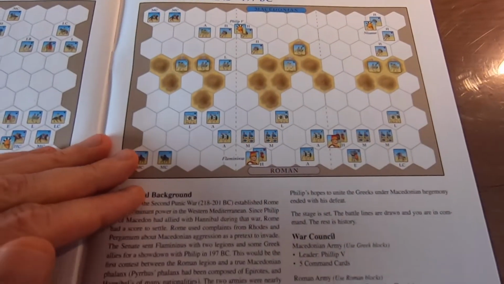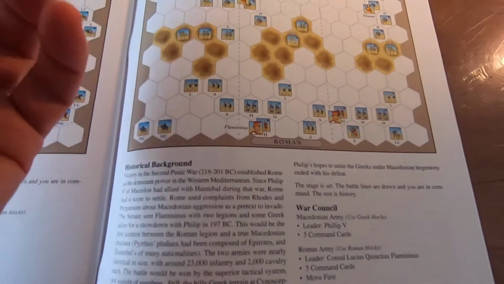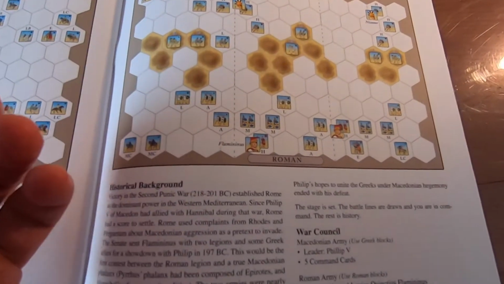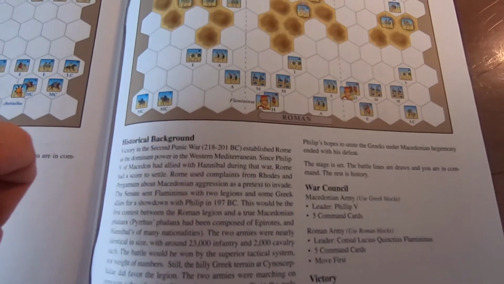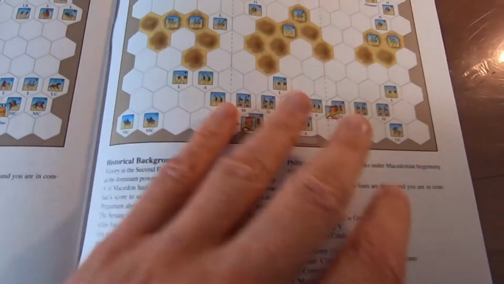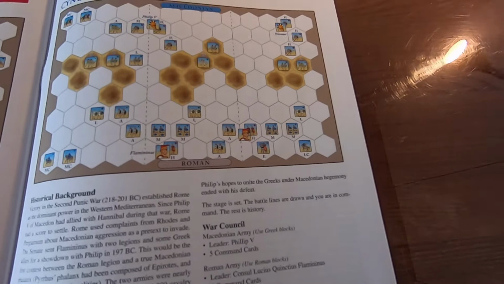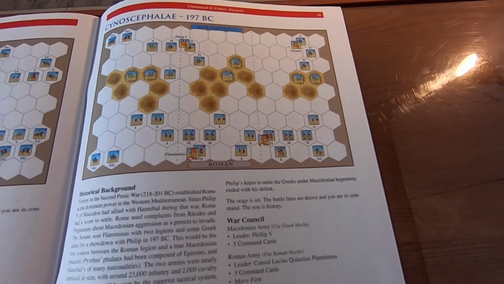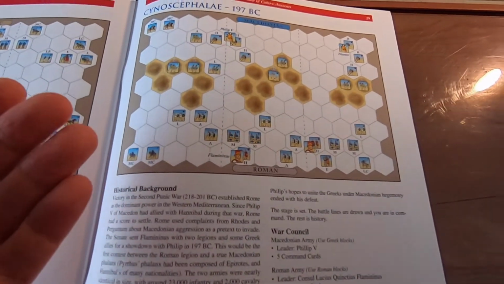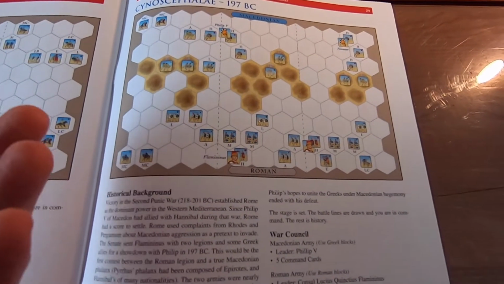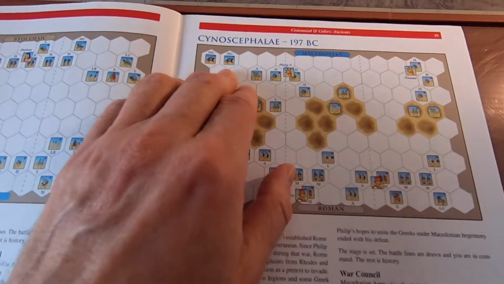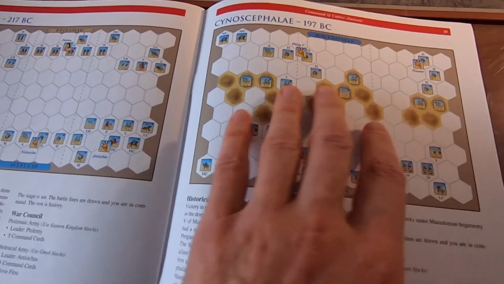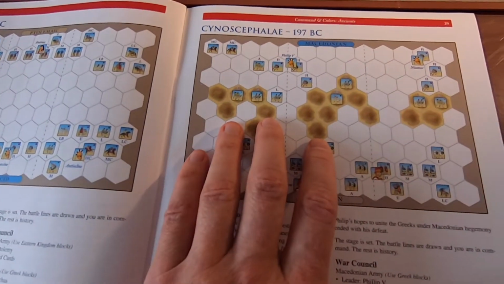Philip saw the Romans come, and I guess he also wanted this battle to happen. He wanted to, of course, defend his lands because there was an invasion coming. So at this point of time, when this battle took place, the armies were pretty close to each other along the Cynoscephalae hills, and those are the hills depicted in the battlefield here.